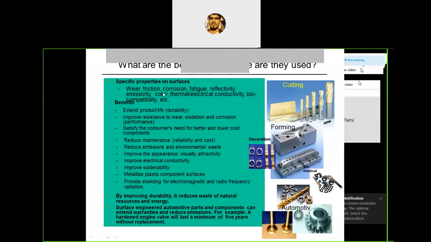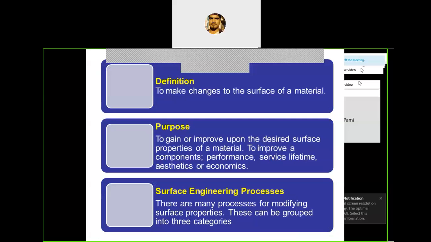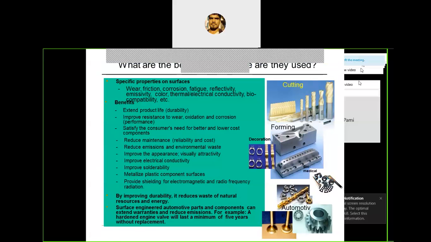Benefit means advantages. What are the advantages? The first advantage is it will increase the life of the component. It will extend the component life. Is it correct? Can you agree with this statement?